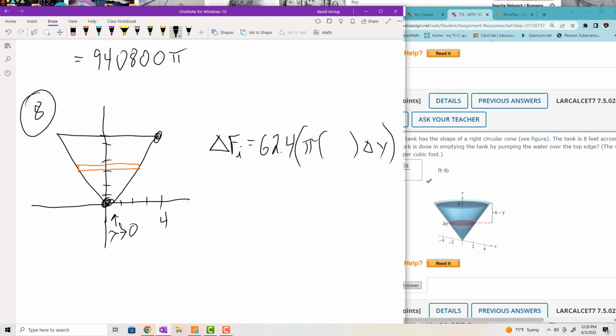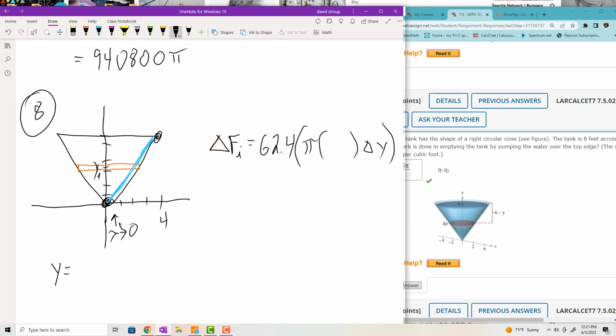So we need to get our hands on the radius. I need a formula for that straight line from 0 to whatever. If I figure that out, then at any position y sub i, that formula will give me the radius. To get that formula, you can use slope. y equals mx plus b, right?